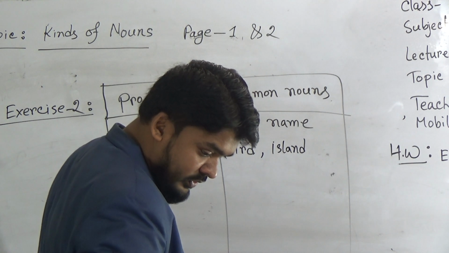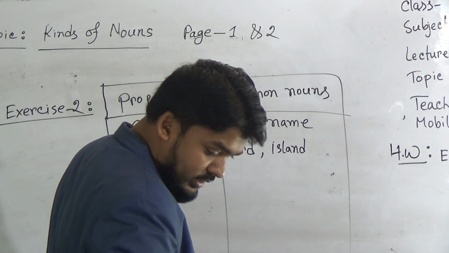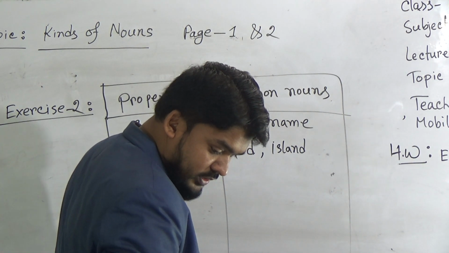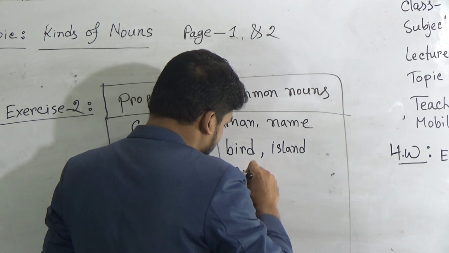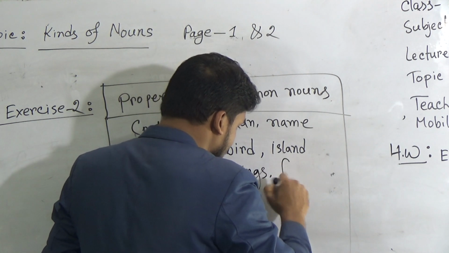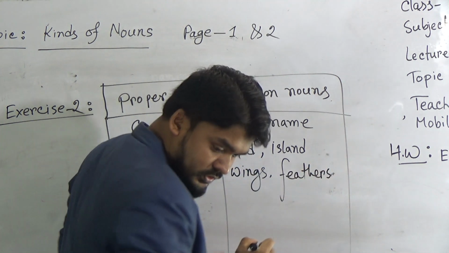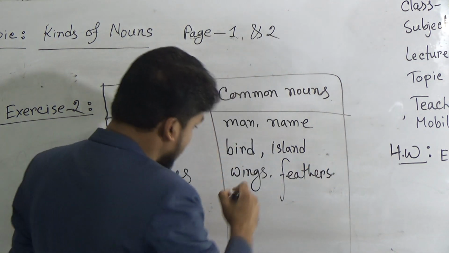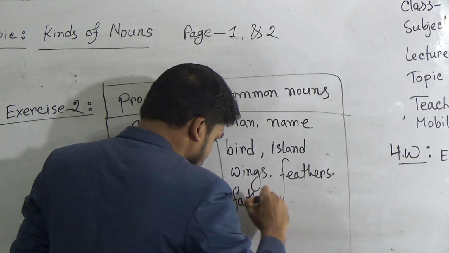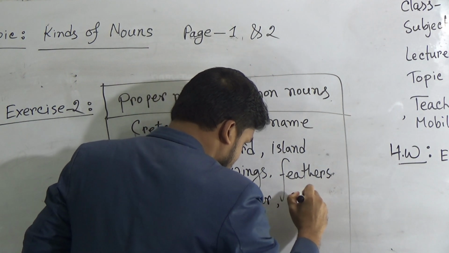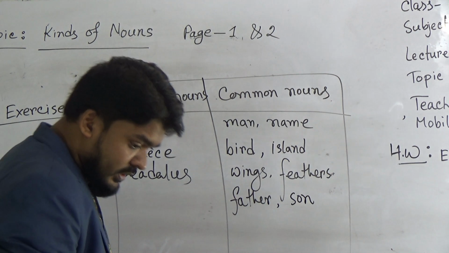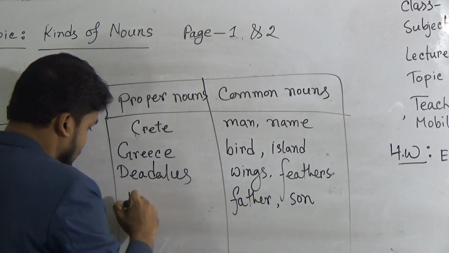And other common nouns are wings, feathers, and father, son. Okay. And Icarus, another proper noun.